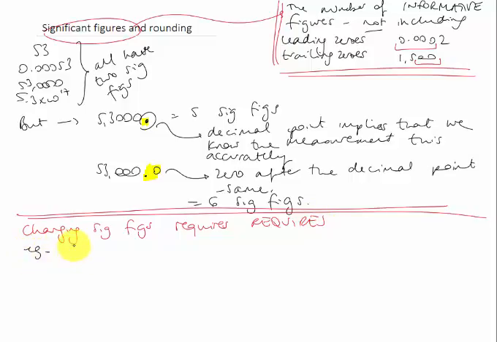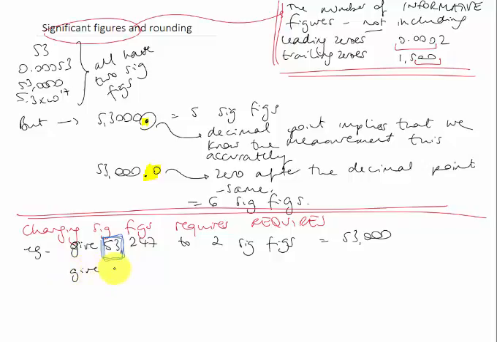So, for example, if I ask you to give 53,247 to two significant figures, I take these first two numbers, and these are the two significant figures I'm going to use. So I would write 53,000.